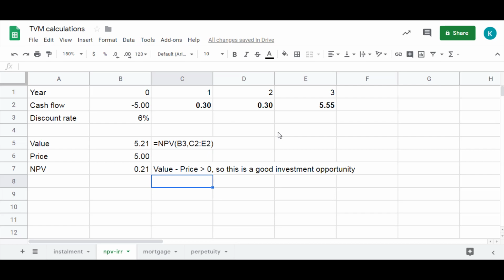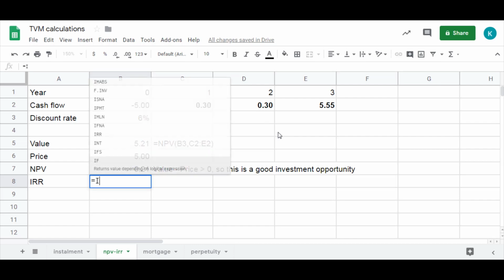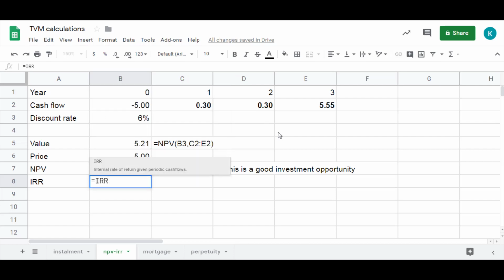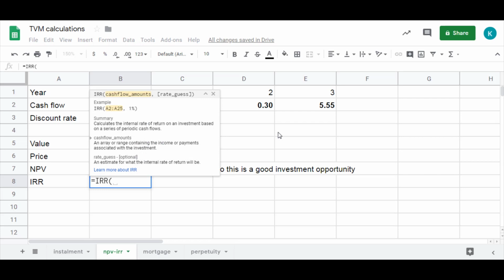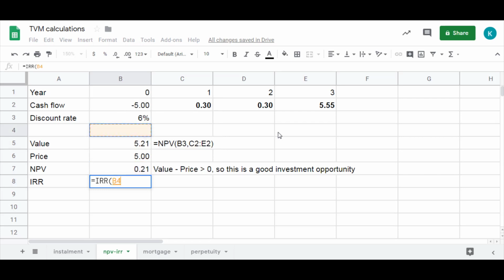So let's turn our evaluation to percentage returns instead, and that can be done through the IRR calculation, which stands for internal rate of return. The spreadsheet program already has the internal rate of return built in, so you can specify the cash flows that you want. Here it asks for all the cash flows, which you also have to include the -5 investment cost and also the other subsequent positive cash flows you get as return.